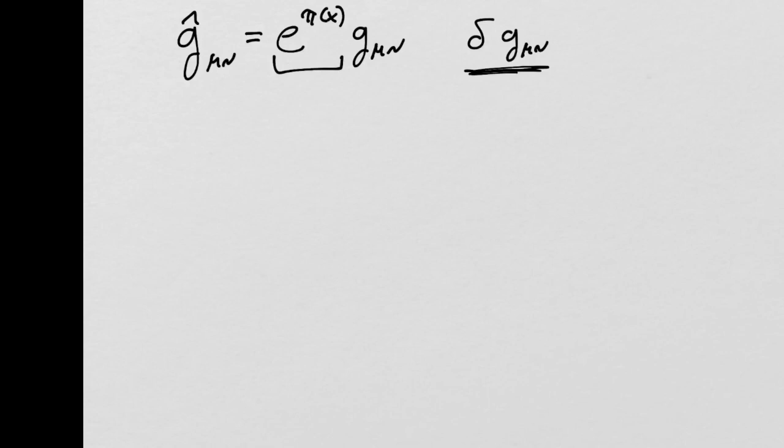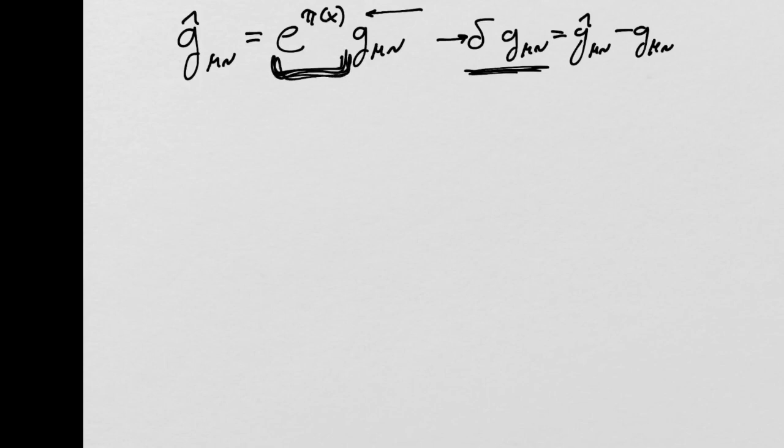The definition of that is G hat mu nu minus G mu nu. The way I treat this, the variation is going to be for a small conformal transformation.